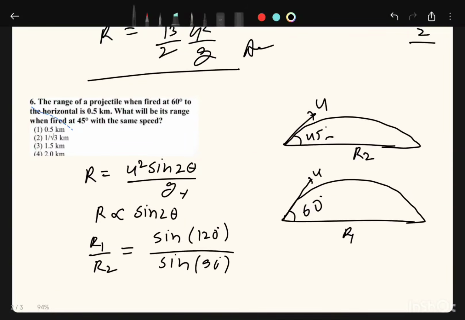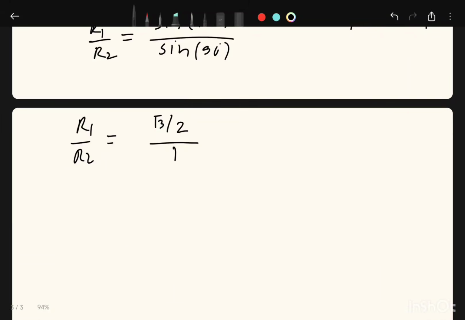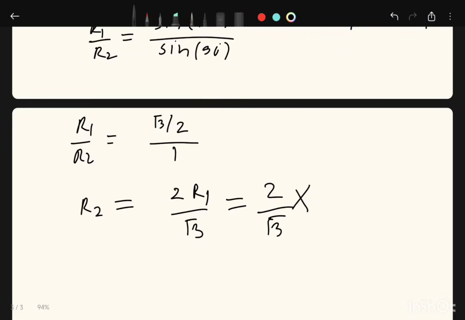What we have to find out is the horizontal range in case of 60 degree, which is given as 0.5 kilometer, right? Now if we have to find out R2, what will be R2? That will be 2R1 by root 3, right? 2 by root 3 multiplied with range R1.